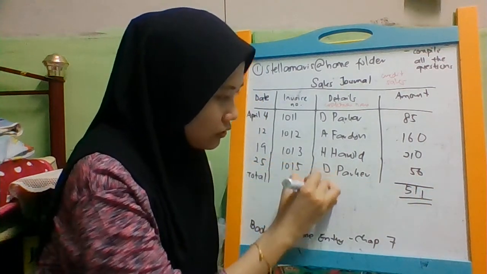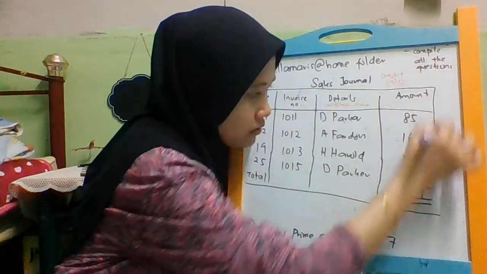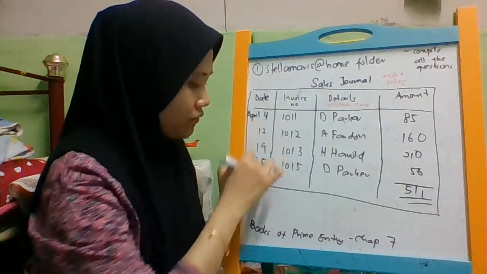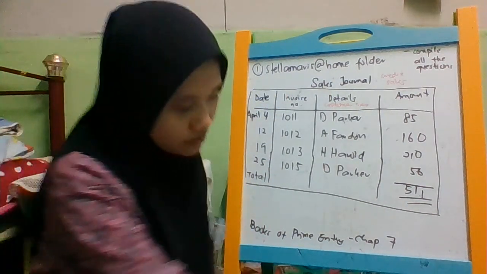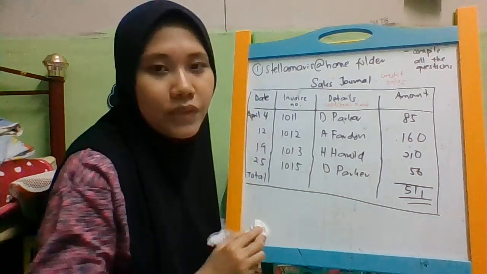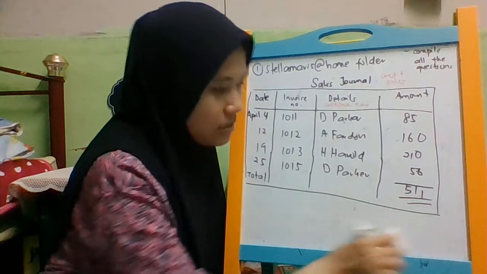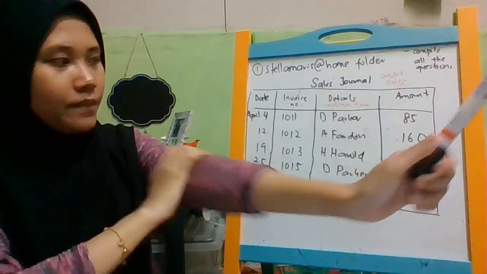After you put the total, make your journal nicer. That is done for the journal only. But after you finish your journal, you need to transfer it into your T account, everything plus the total here. So how to open it? You open them one by one.